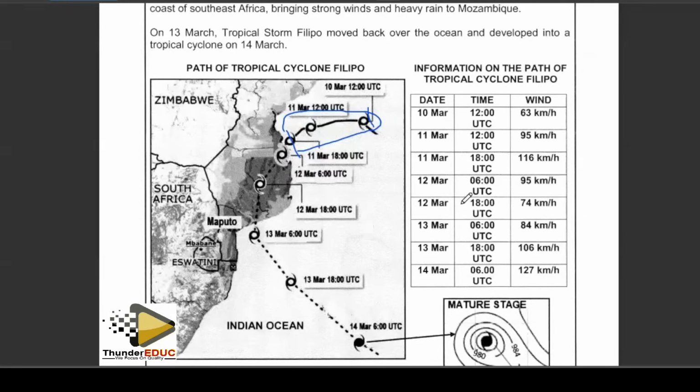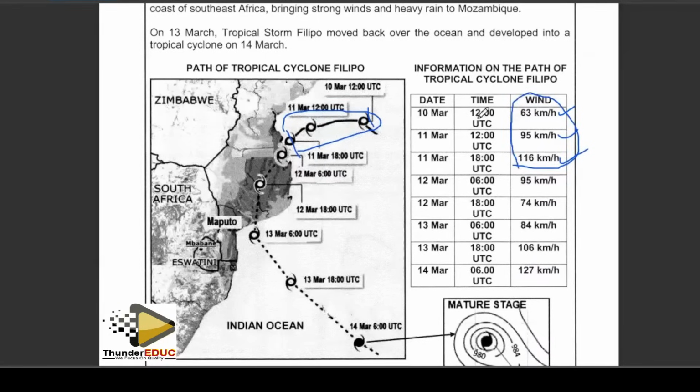And if you come to the table here, we can see that on the 10th of March, the wind was at 65 kilometers per hour. On the 11th of March at midday, it was now at 95. And by 1800 hours, the wind had further strengthened to 116 kilometers per hour. This is also evidence of strengthening of the weather system.